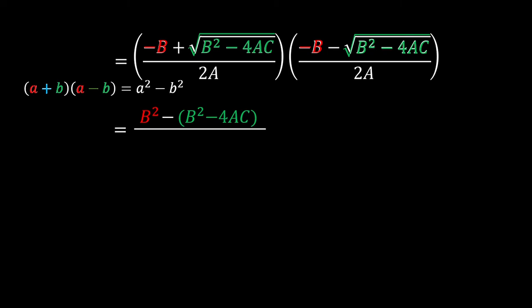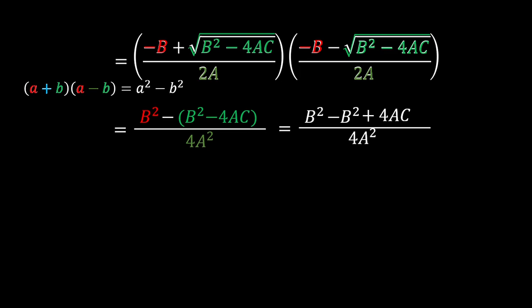And then I will multiply now the denominators, 2a times 2a, that will become 4a squared. And then by simplifying it further, negative times b squared is negative b squared. Negative times negative 4ac is positive 4ac. So I will let the 4ac stay on the right.